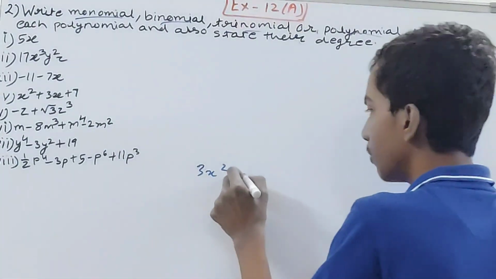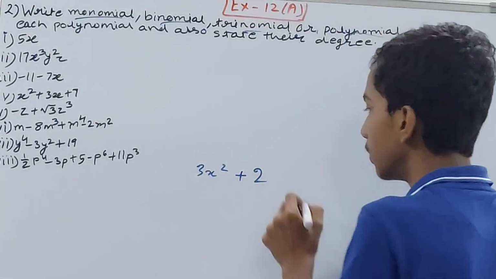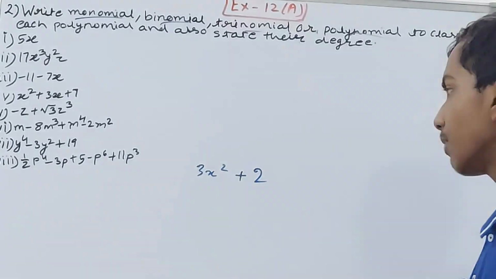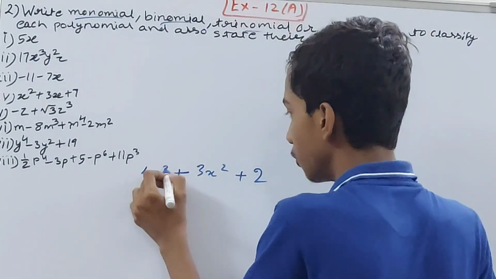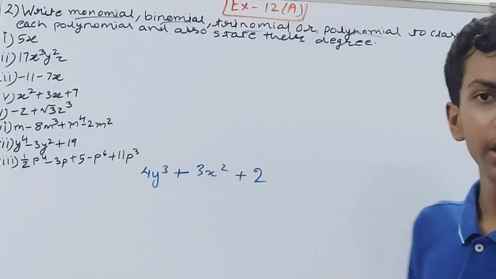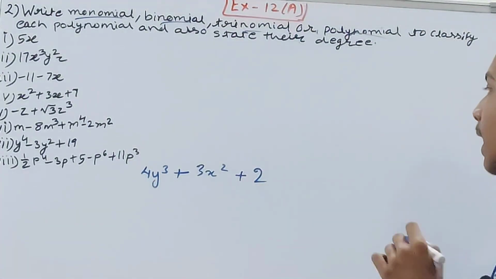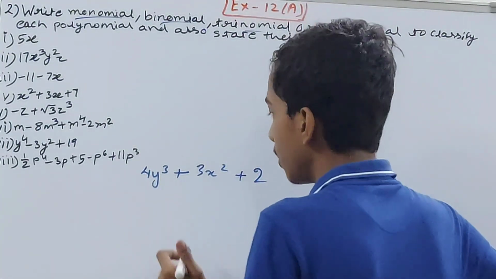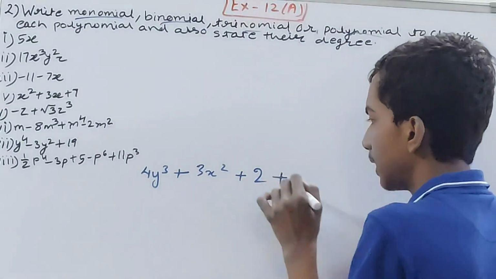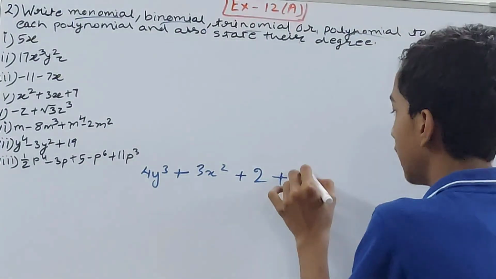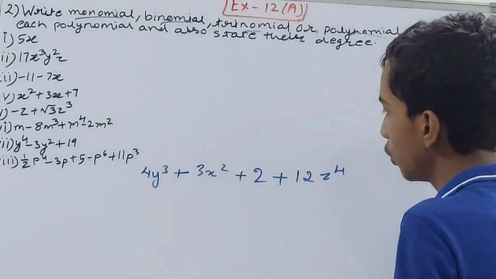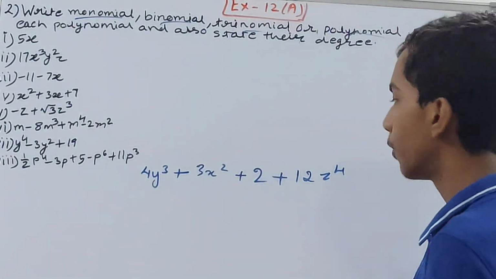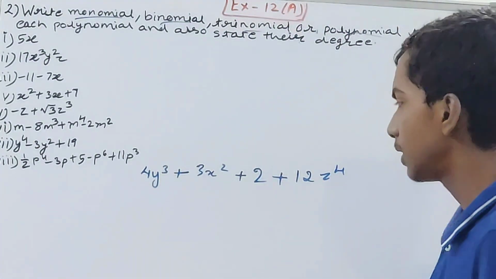If I add one more term, let's say plus 2, this is a binomial. To make it a trinomial, let's say I add 4y cube. Three terms. And anything more than this will be a polynomial, so you can add any other term, let's say 12z to the power 4. Now how many terms? 4 terms, polynomial.